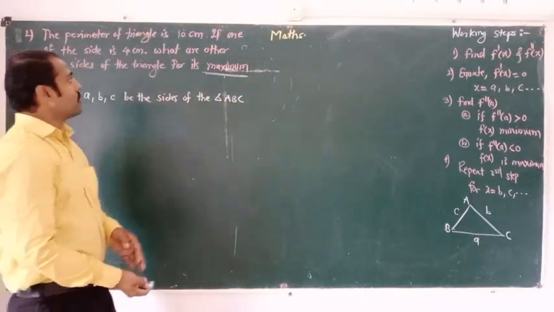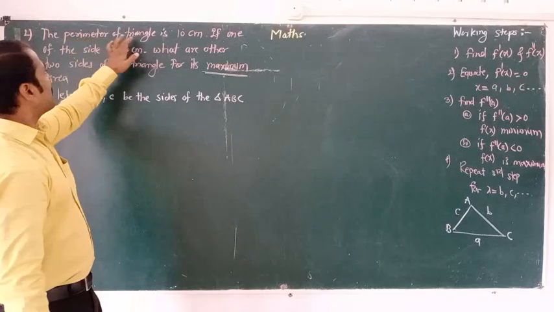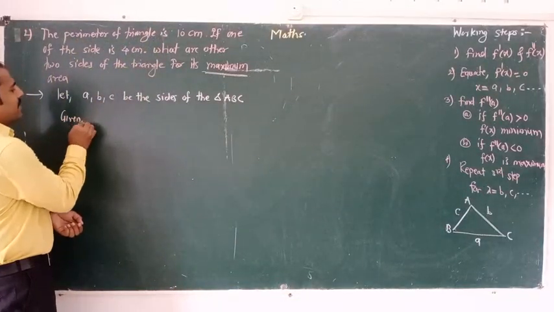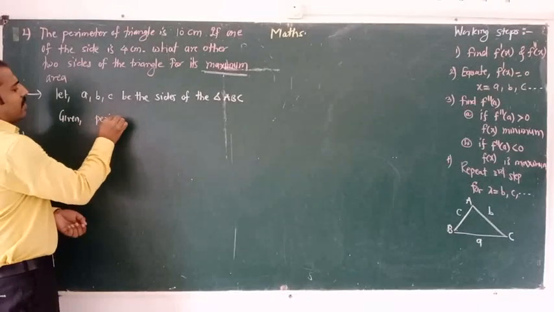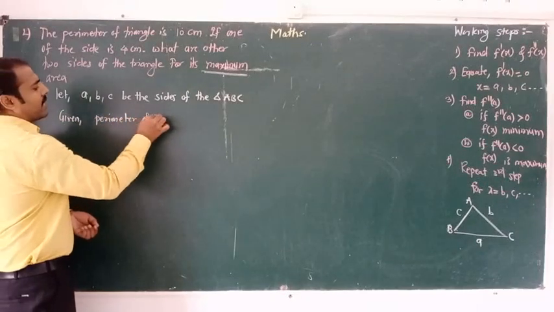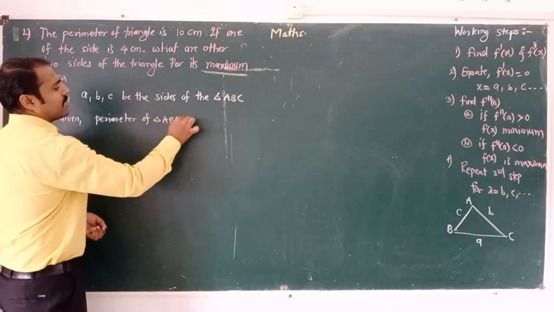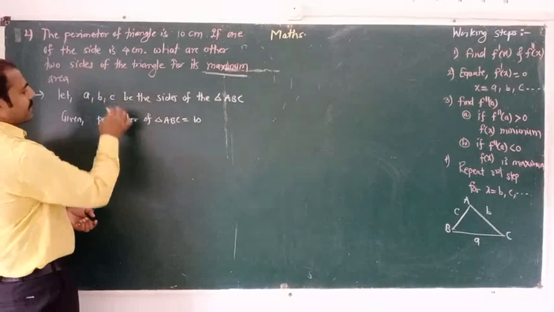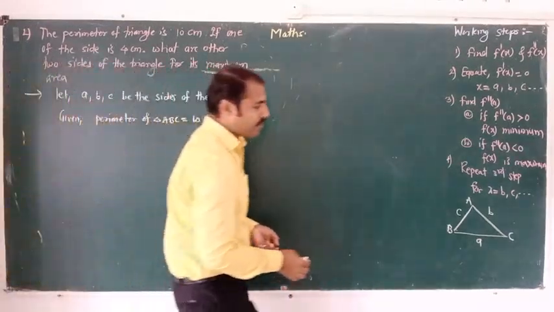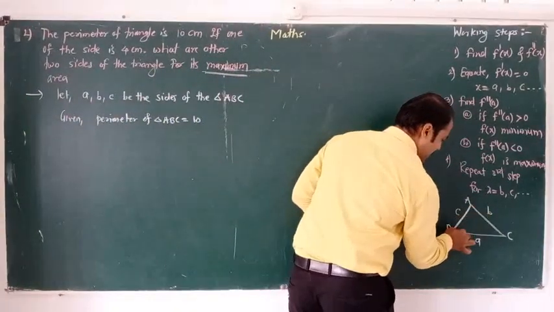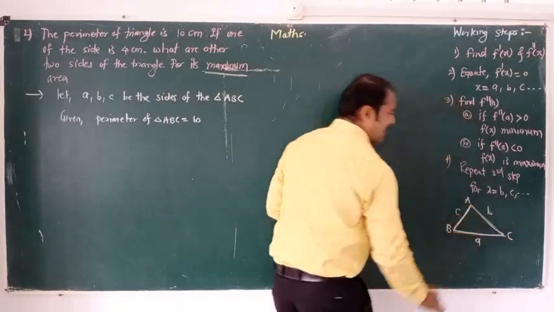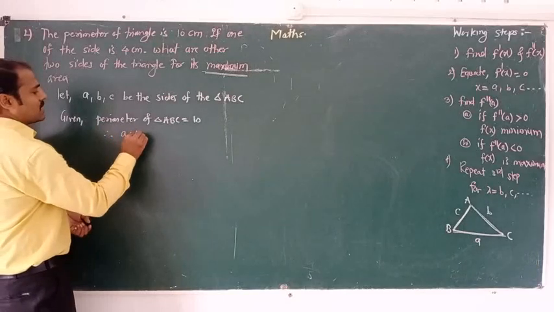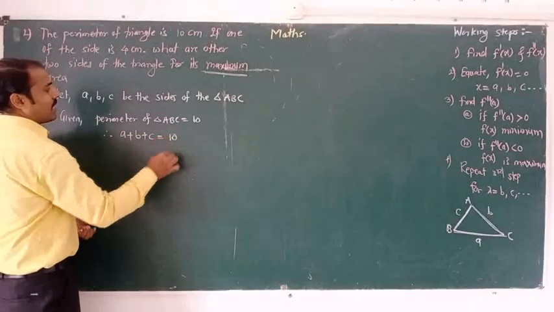Now it is given the perimeter of triangle ABC is 10 centimeter. Perimeter means the sum of the sides, that is a plus b plus c is equal to 10.